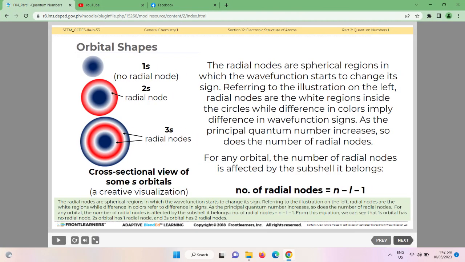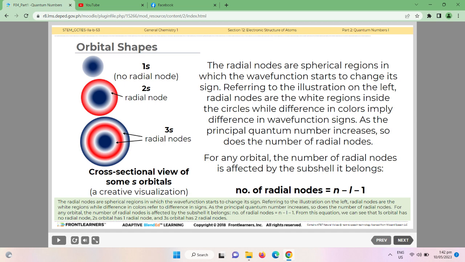The radial nodes are spherical regions in which the wave function changes its sign. Referring to the illustration on the left, radial nodes are the white regions while differences in color refer to differences in signs. As the principal quantum number increases, so does the number of radial nodes.